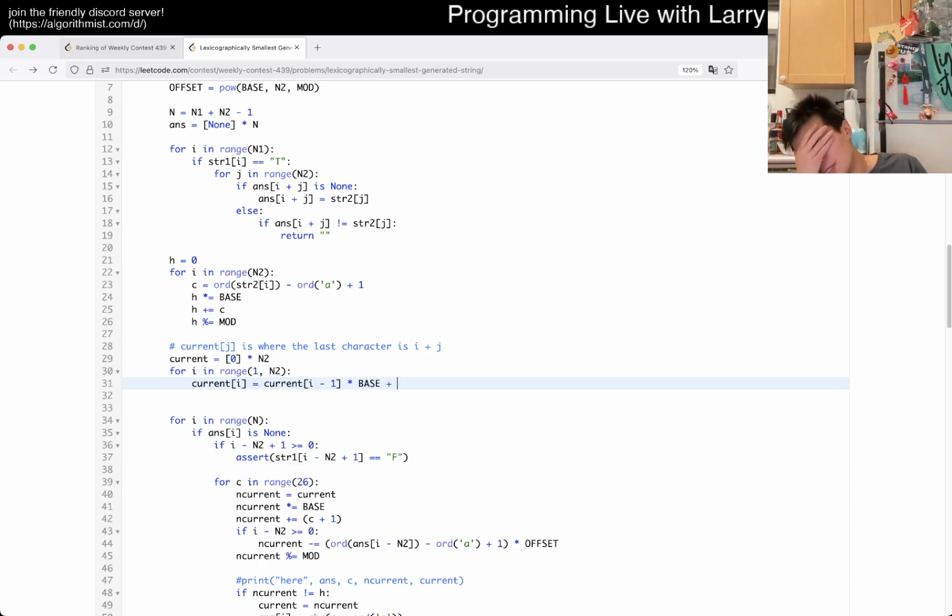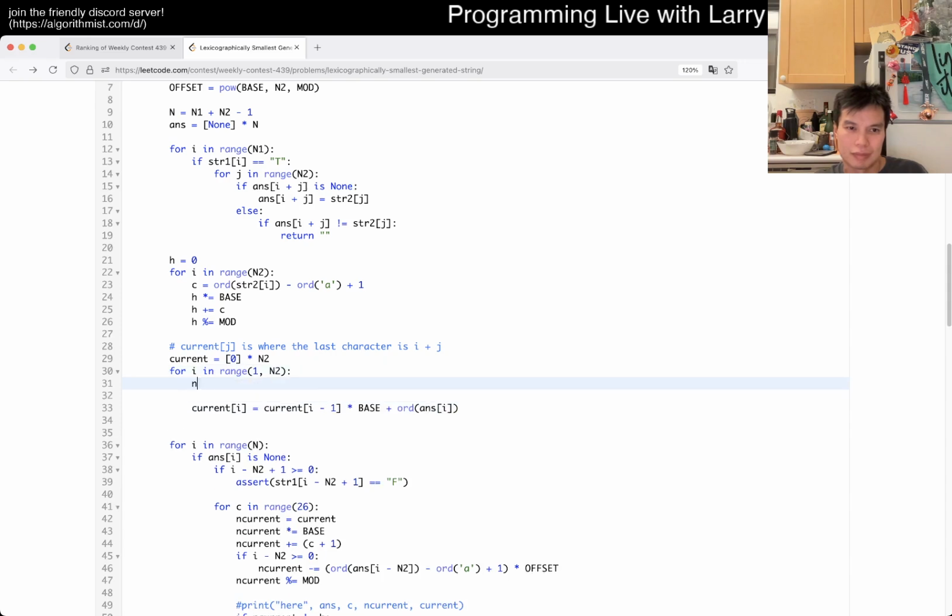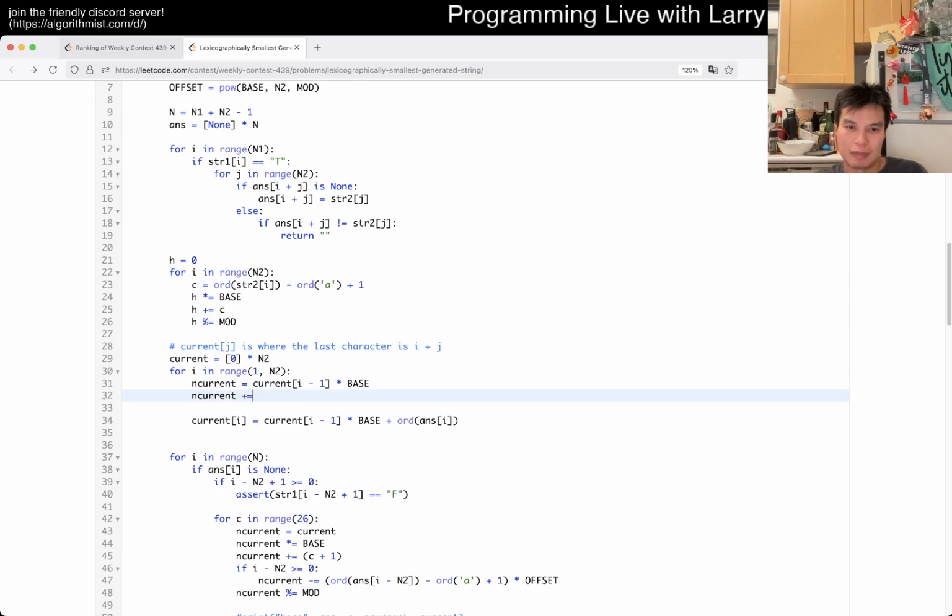So 0 is just nothing, 1 is going to be i, the last index. So we shift, we add by this thing, but only if it is not none. That's why I want to write it in a real way.